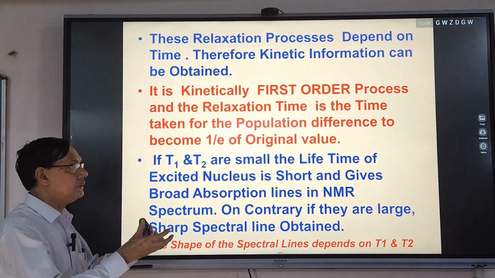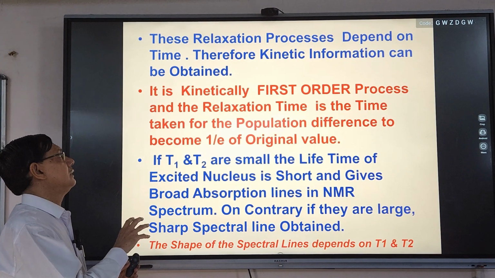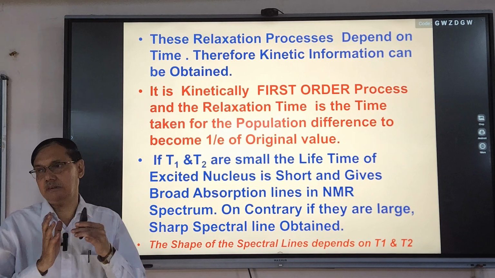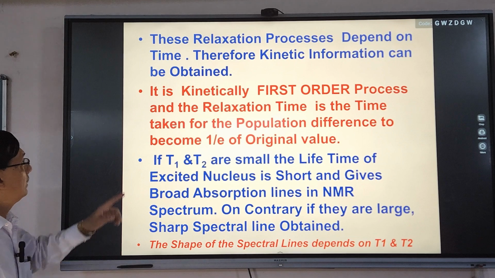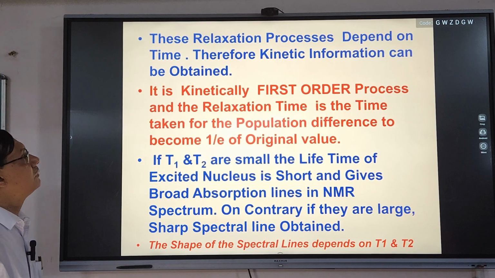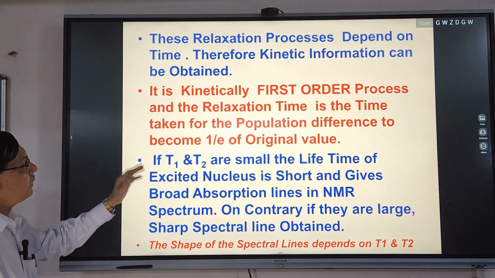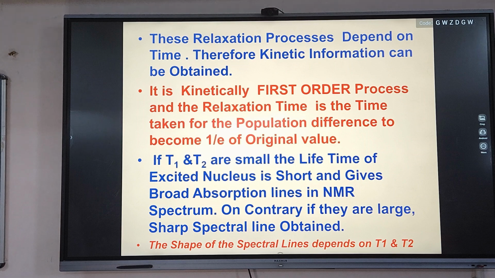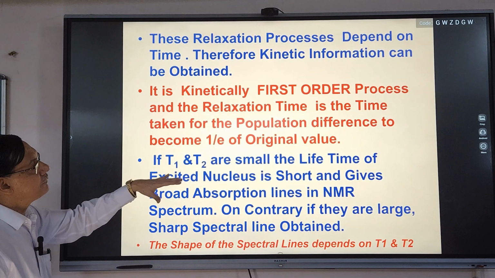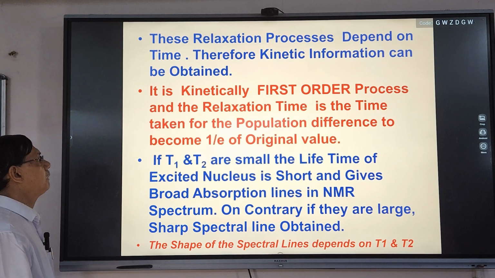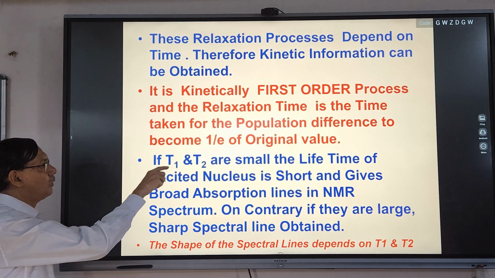As it depends on time, naturally we can get kinetic information. According to Bloch, this relaxation process is a kinetically first order process, and the relaxation time is the time taken for the population difference to become 1/e of the original value.